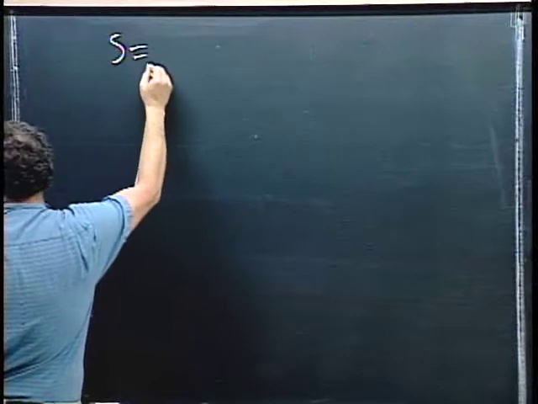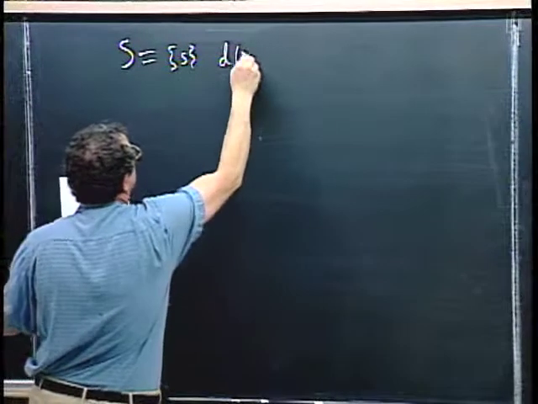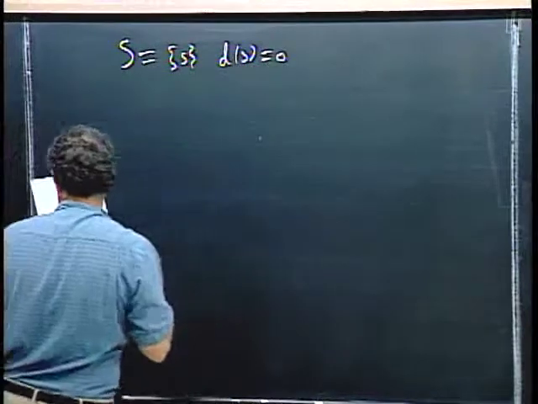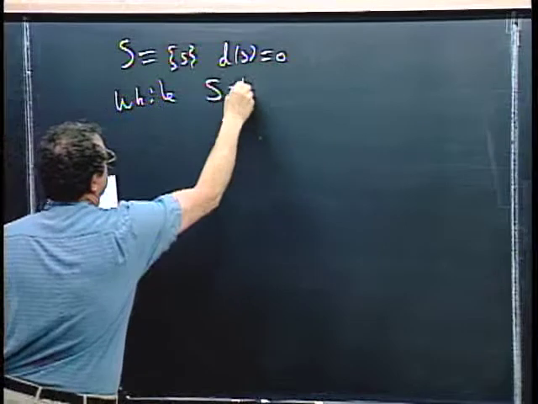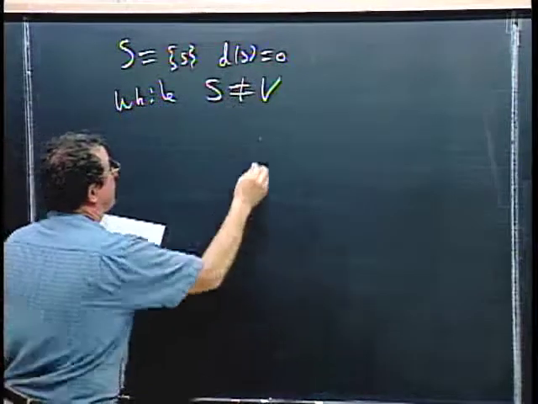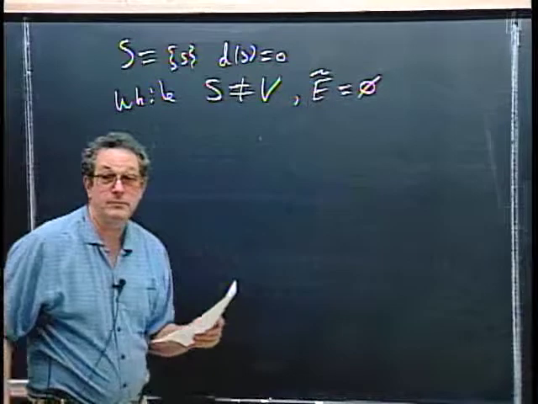So S is initially just little s, and d of s is 0. That's how we start out. And then we say while S is not equal to the entire set V, and we're going to have E tilde as the empty set.